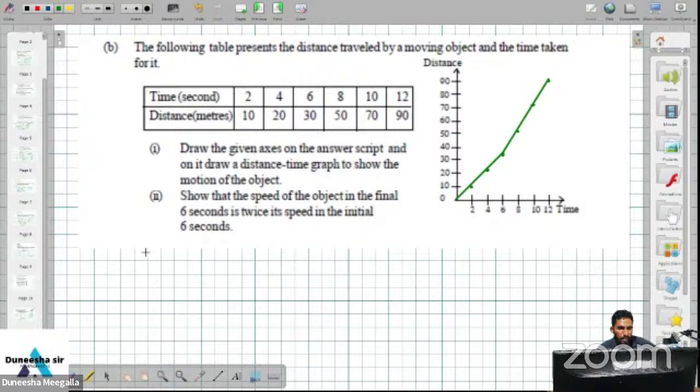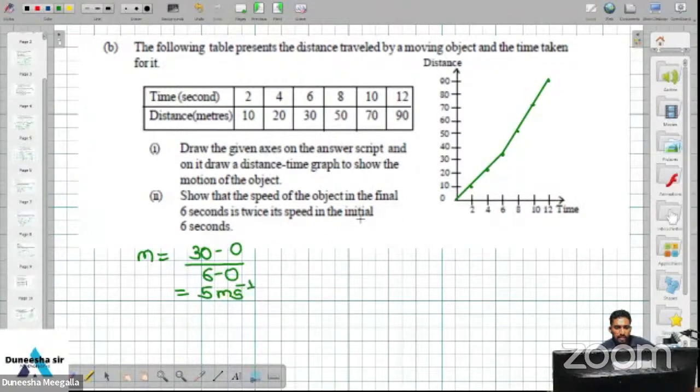Then you have to get the gradient. What is the gradient? 30 minus 0 divided by 6 minus 0. It's 5 meters per second.